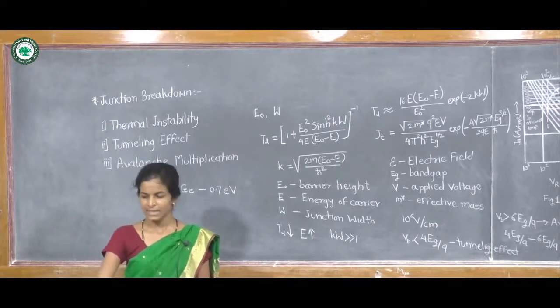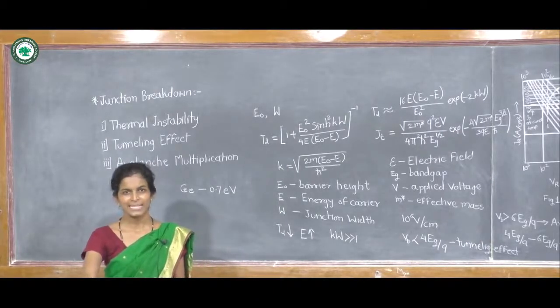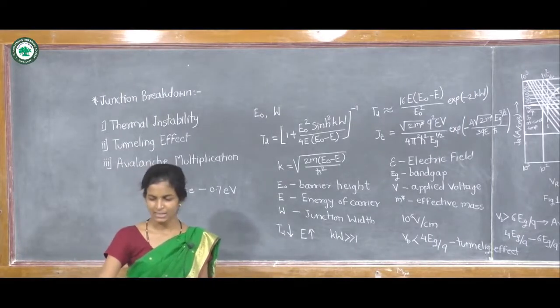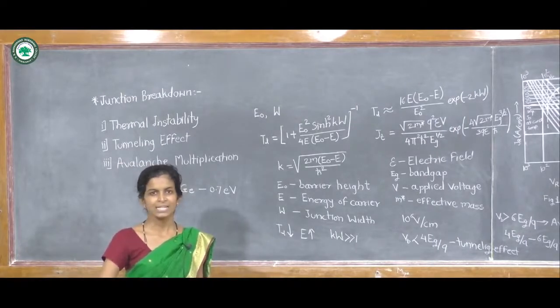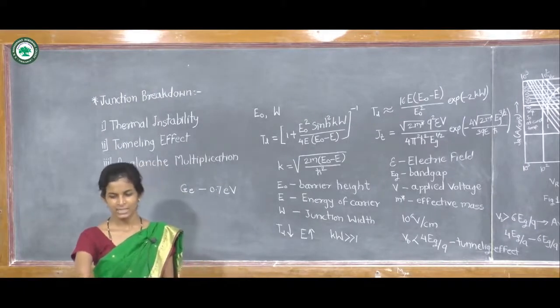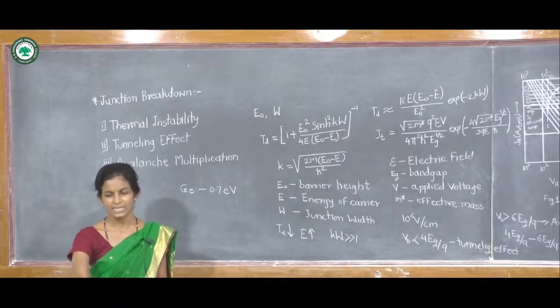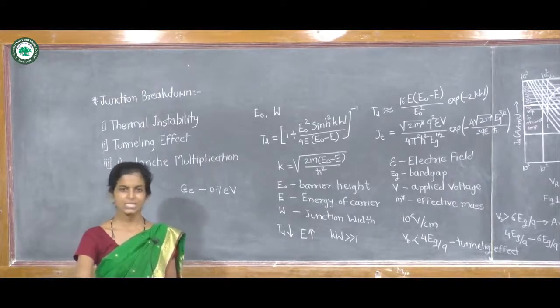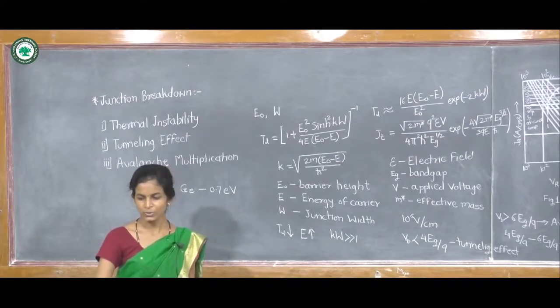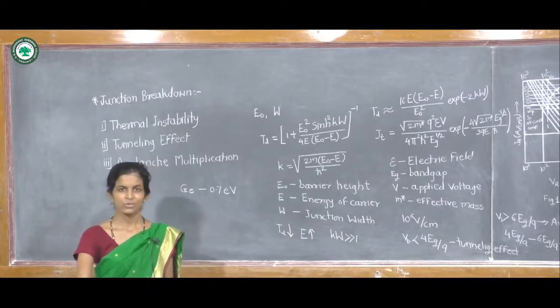Since the energy band gap Eg in germanium, silicon and gallium arsenide decreases with increase in temperature, the breakdown voltage in these semiconductors due to tunneling effect has a negative temperature coefficient.